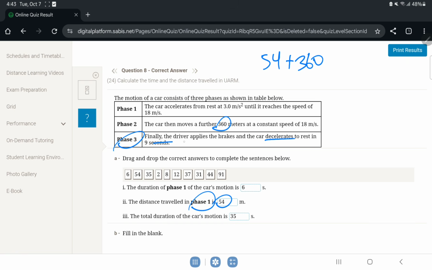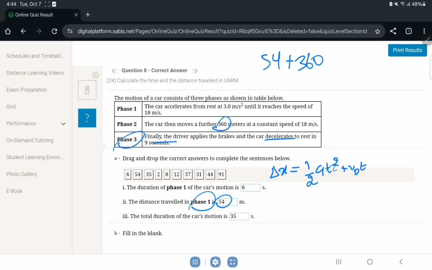We have it decelerates like this, UARM. What you can do is let's try delta x is equal to 1/2 at squared plus v initial t. We don't put plus x initial since we moved it here.